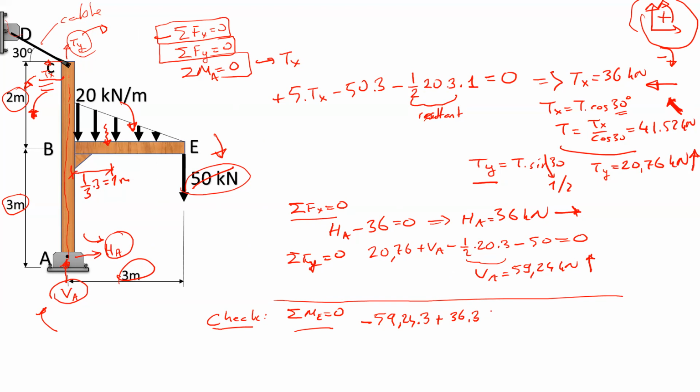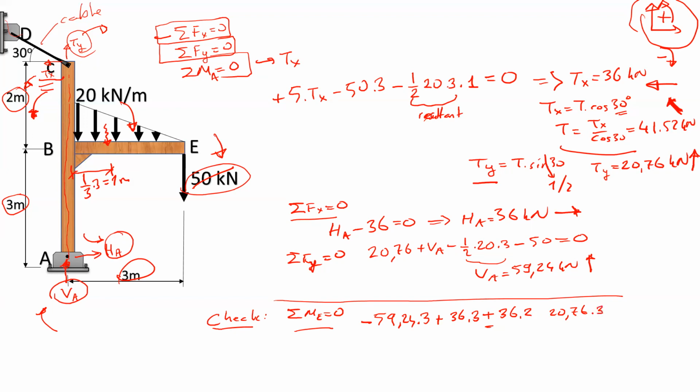So here we should have Tx as 36 kilonewton times 2 meters, the vertical distance between point C and E, and it's a positive moment, as I said, and we have Ty equals 20.76, and the distance between Ty and point E equals 3 meters.